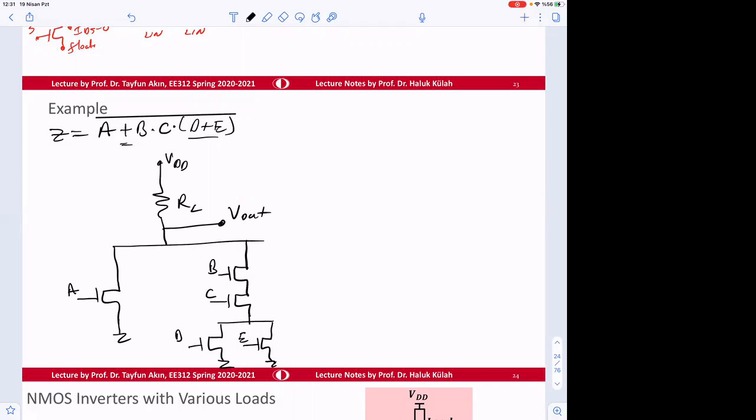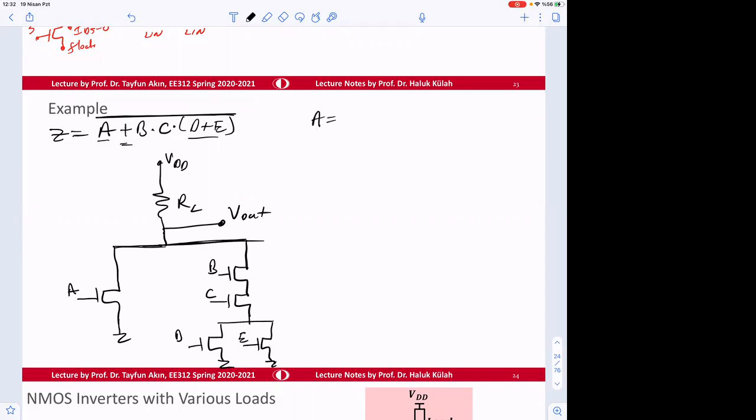So that's it. If A is high, we know that the output is going to be low, so you don't need to look at even B, C, D, okay?